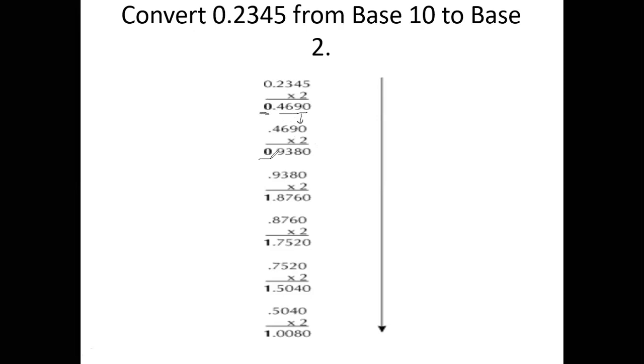Again, I'll take note of the non-fractional part. Then I get the other part, 0.9380, and again I'll multiply by 2. When I multiply this, it gives me 1.8760. I'll take note of this one, and then I'll multiply the fractional part. When I multiply the fractional part, it gives me this.